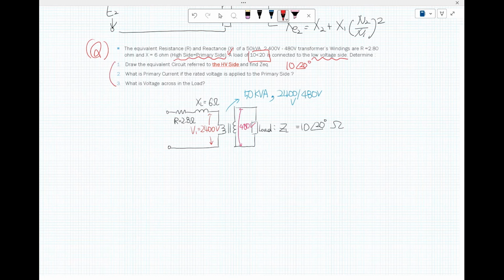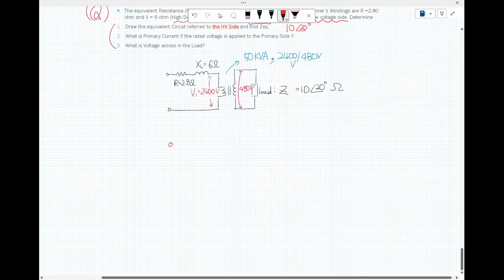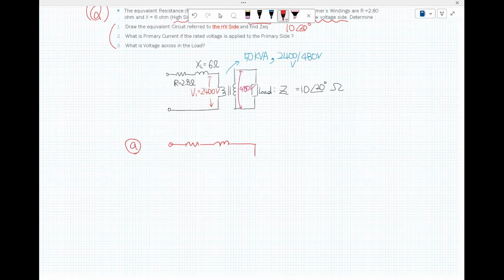First, we have to draw the equivalent circuit referred to the high voltage side, which means the primary. Here it's 2,400 volts, with resistor R 2.8 ohm and X of L 6 ohm.